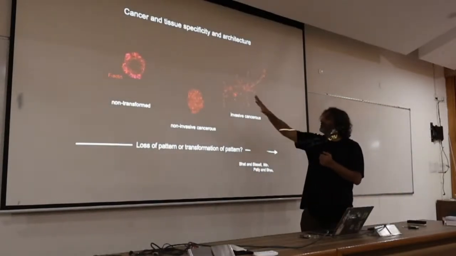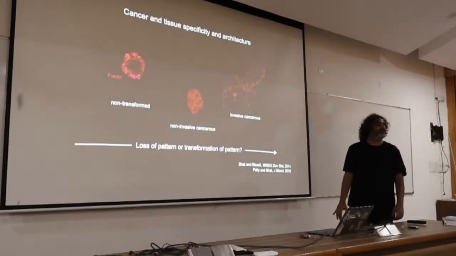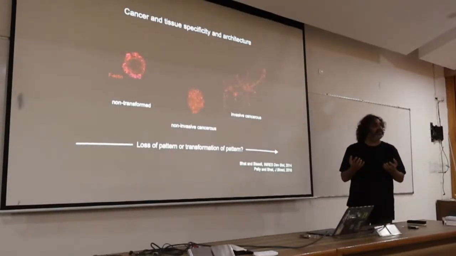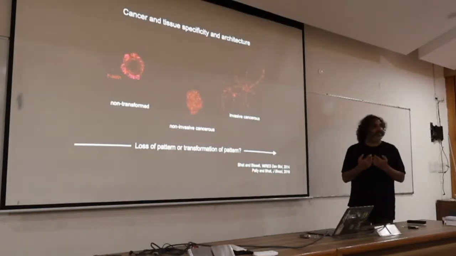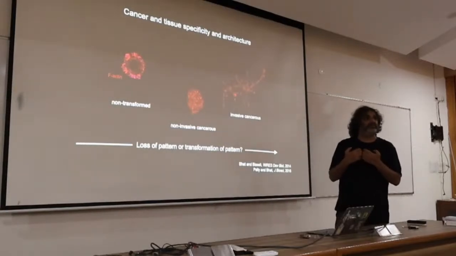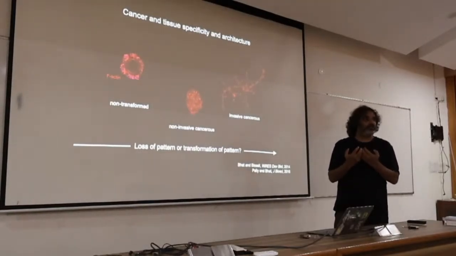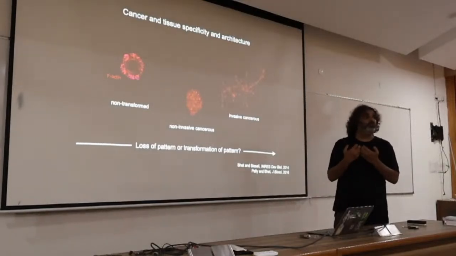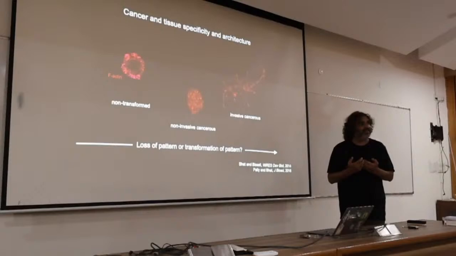And then you start losing this architecture and you move towards newer and newer architectures as cancer cells start exploring their surroundings, start moving out, start dividing. Therefore, as a group, we look at this as a problem of pattern formation, where cancer cells tend to explore new rules of interactions with their surroundings and with themselves.